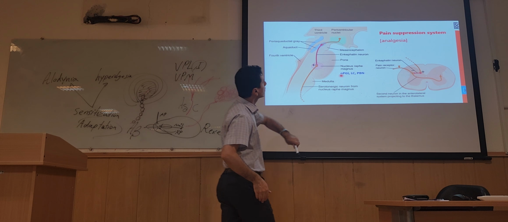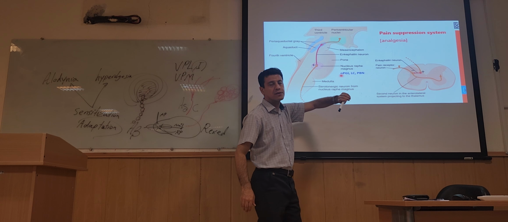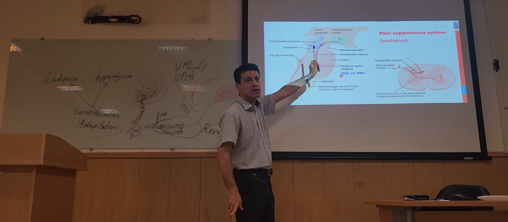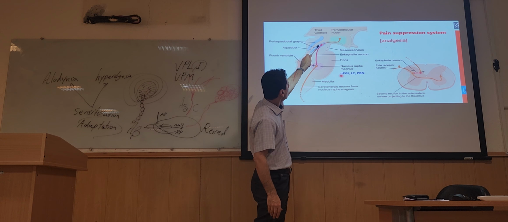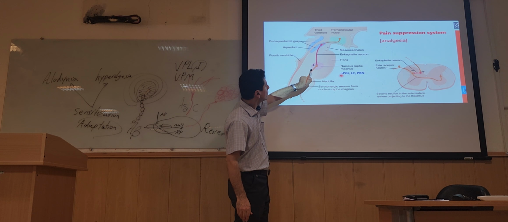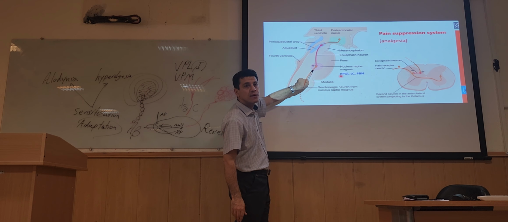Everything starts from the hypothalamus, periventricular neurons go to the PAG, periaqueductal gray matter. From here, enkephalin neurons go to the nucleus raphe magnus.